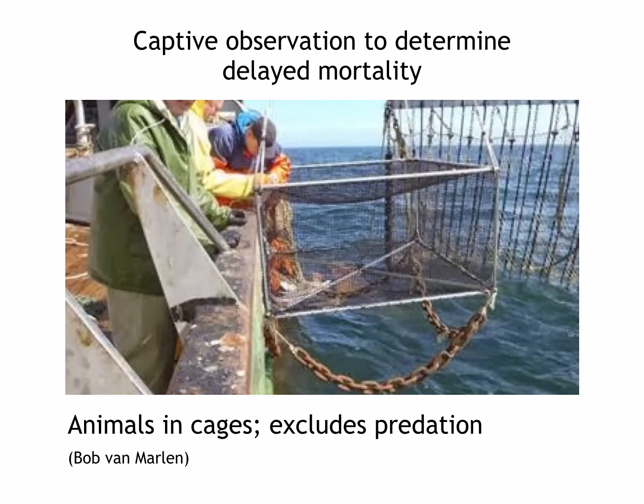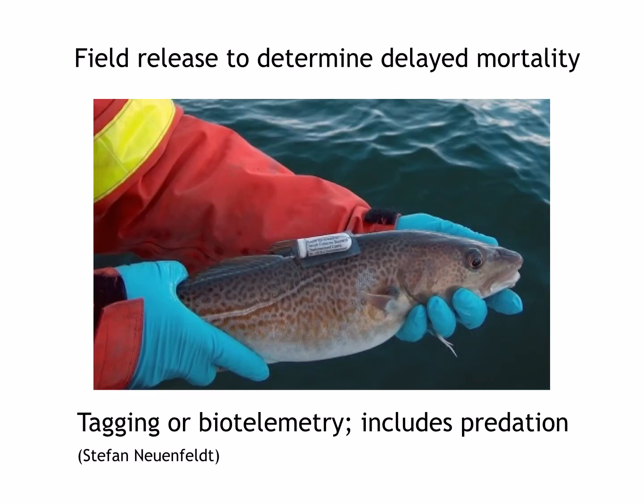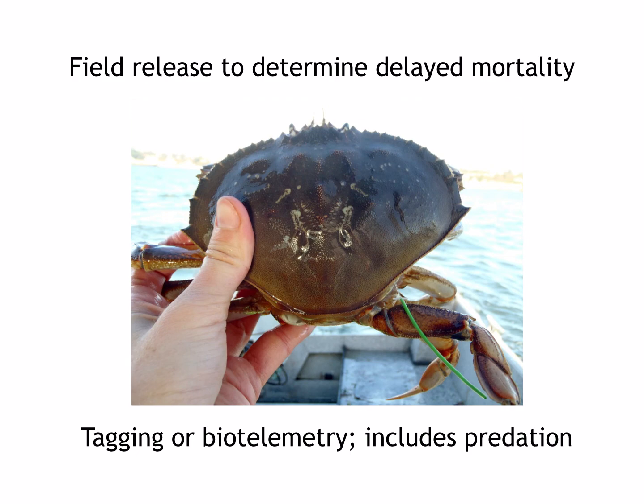Captive observation to determine delayed mortality can be made in animals in cages, which excludes predation, or in animals in tanks, which excludes predation. Field release to determine delayed mortality can be made with tagging or biotelemetry of fishes, which includes predation, or in crabs, which includes predation.